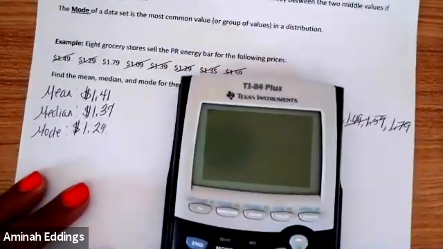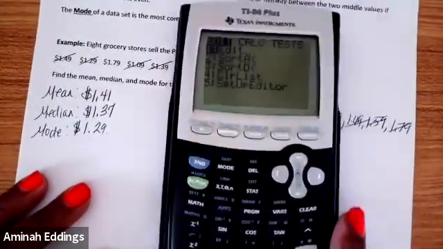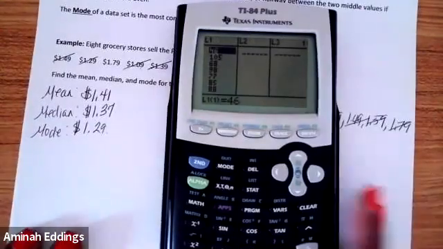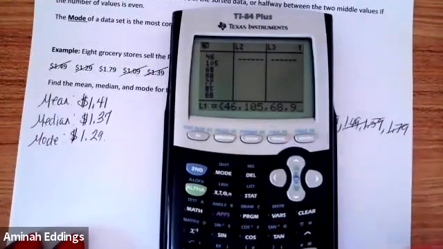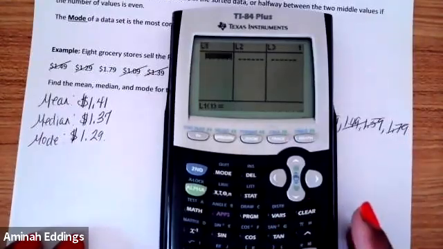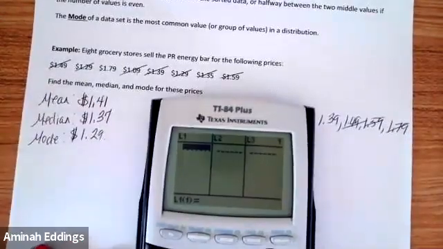On your calculator, you would go to Stat, press Enter on Edit. And since I have data in my list, I'm simply going to go to the top of it, press Clear and Enter. And then I'm going to put my data in. It does not have to be in order.